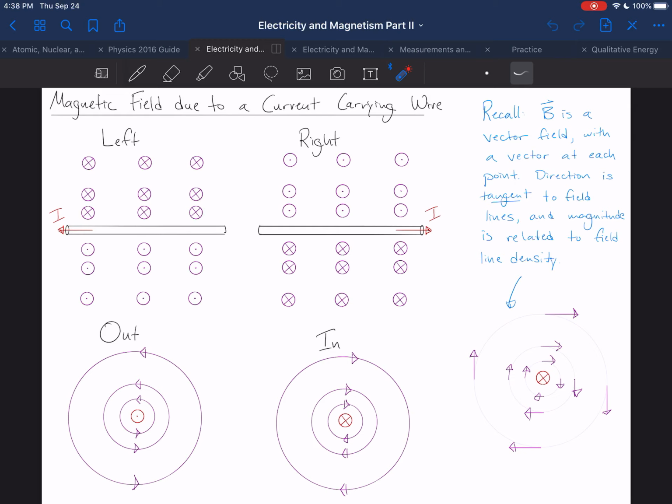So actually, these arrows are backwards, which is something I'm going to fix right here. But I'm probably not going to re-record the video, so check back for the notes a little bit later. But basically, these arrows right here should be longer than these arrows on the outside. The arrows on the outside should indicate a lower field strength.